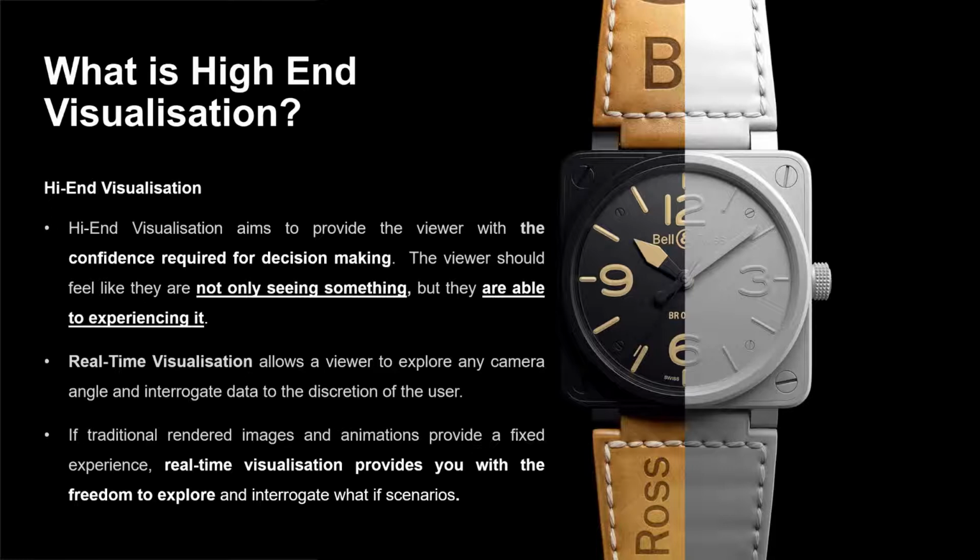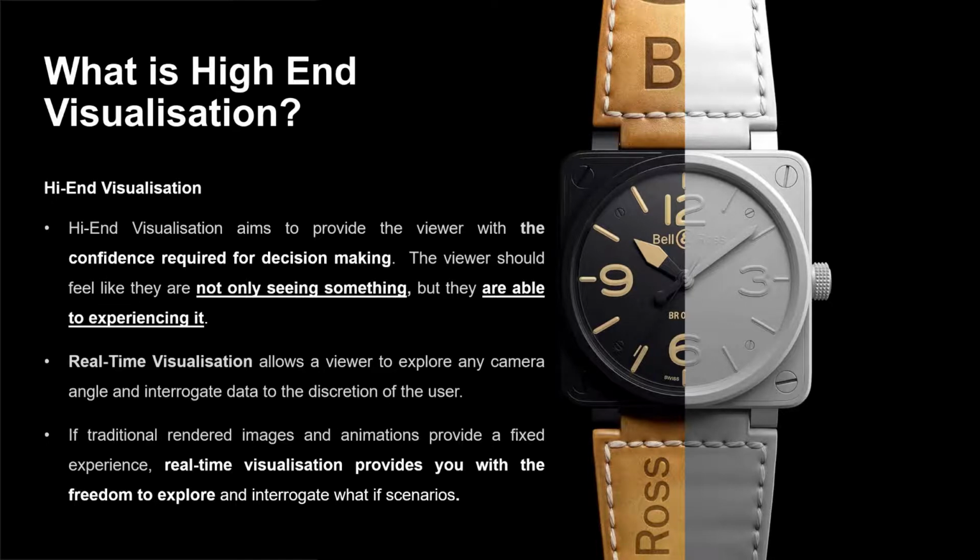Unlike images and animations and renders, real-time visualization provides the viewer with an immersive experience and the freedom to go and explore and interact with the data however they see fit. A real-time viz asset can be deployed in traditional methods, but also in extended reality and any of the innovative spatial computing platforms that are revolutionizing the design studio at the minute.